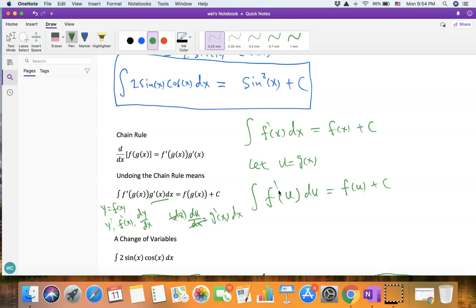So the idea is we will change an integral of a complicated function into an integral of an easy function. What function is an easy function? A function for which we can use the power rule, or just use sine or cosine to find the antiderivative. That function is what I call the easy function. Okay.